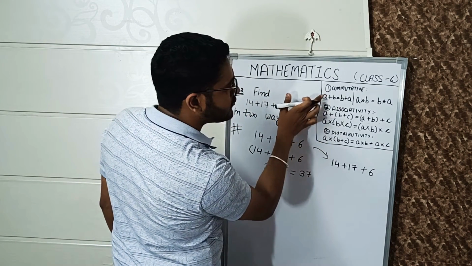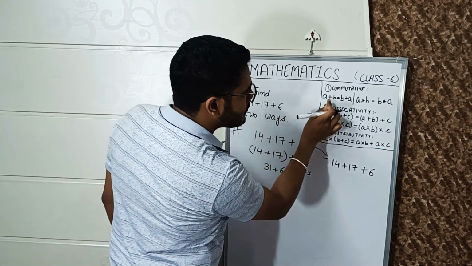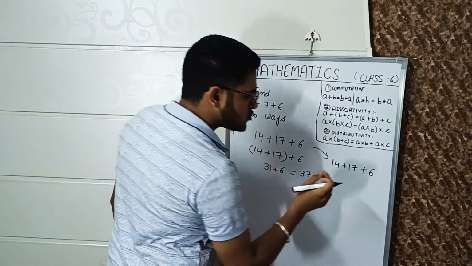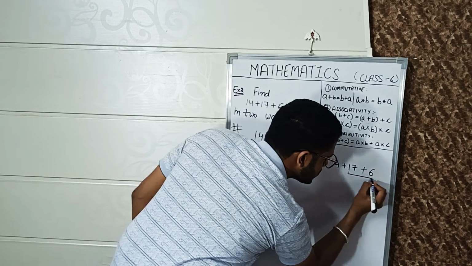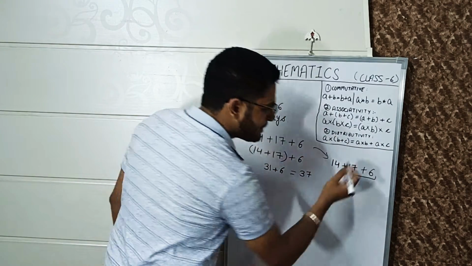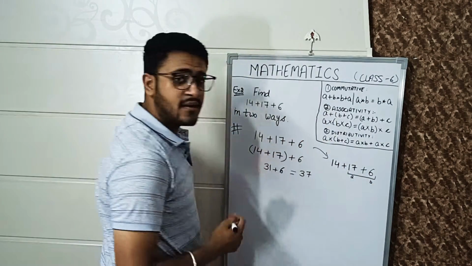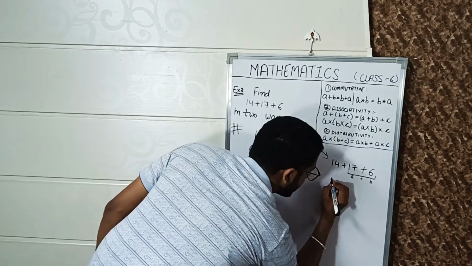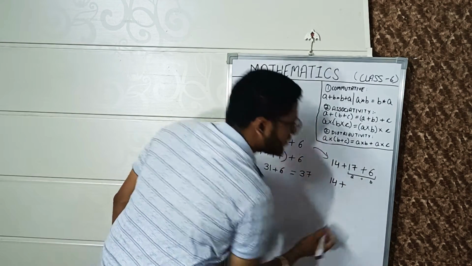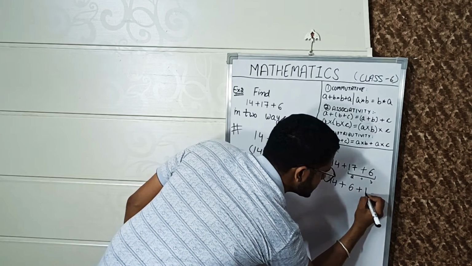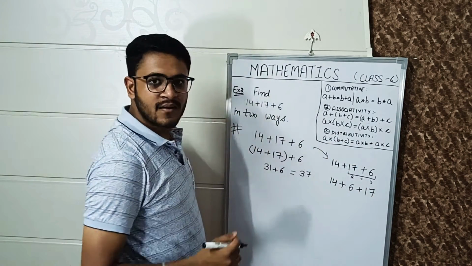As per the property of commutativity, we can do a plus b is equal to b plus a, right? So can we do it? If we assume 17 as a and 6 as b, if this is a plus b, can we write this as b plus a, like 6 plus 17, right?